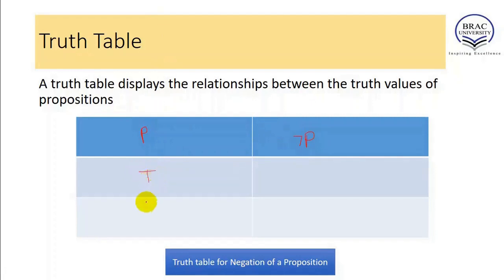Either true or false. So if P is true, then not P will be false, and if P is false, then not P will be true. So we can find out the relationship between P and not P using a table like this, and this is known as truth table.